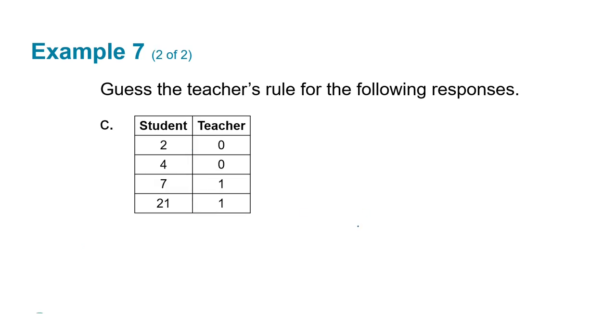In part C, again, we're going to guess the teacher's rule for the following responses. I want you to pause the video and try this one on your own. Figure out a rule on what to do to get to the teacher's response.